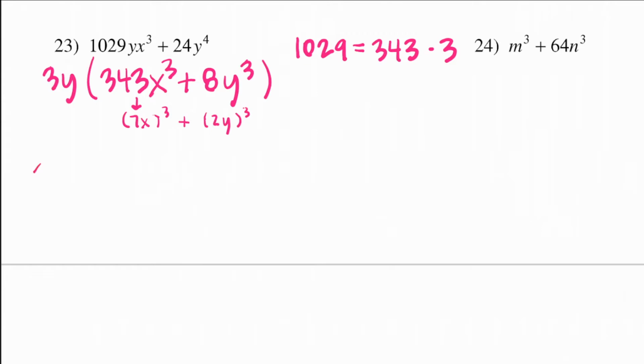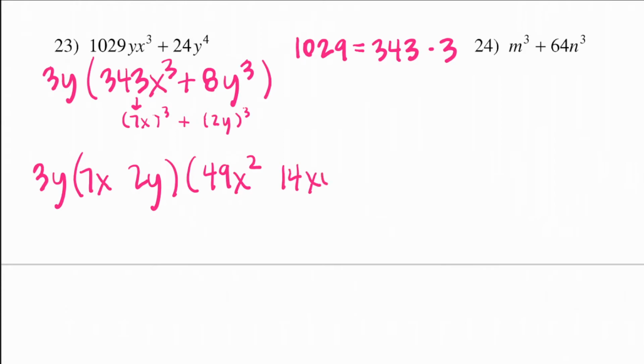Okay, so I'll still have the 3y, and then I'll go to do sum of 2 cubes, so it'll be 7x and 2y. I'll square 7x, multiply 7x and 2y, and square 2y. And because it's a sum, this will be the same sign, opposite sign, always positive.